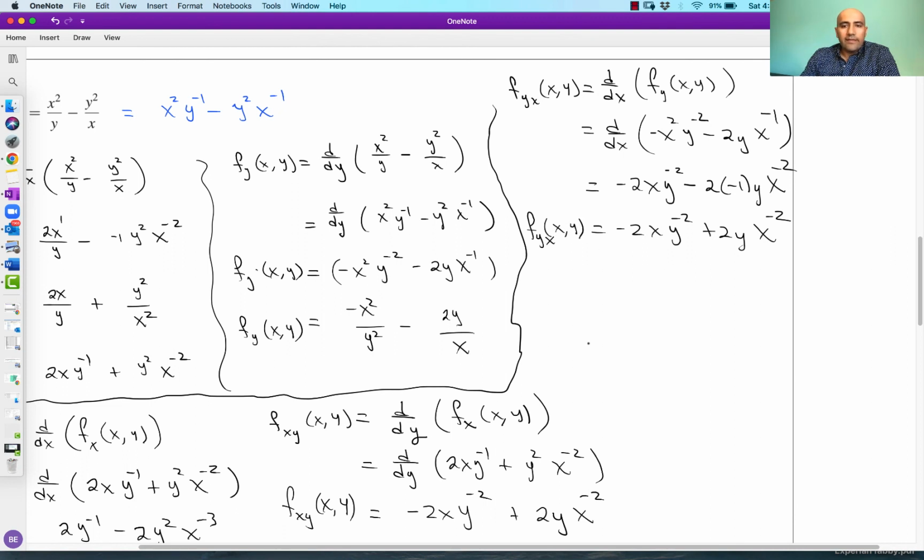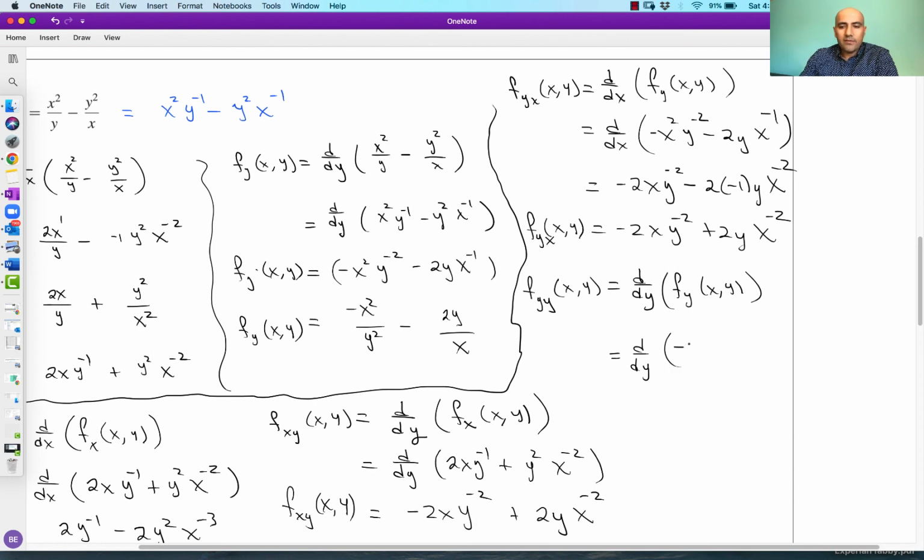Got that one. And then finally, we want to find f sub yy, not xx, we already found xx. F sub y of x comma y, which is the derivative with respect to y of the function f sub y of x comma y, which then gives you the derivative with respect to y of the function, and again, let's use this style of notation here.